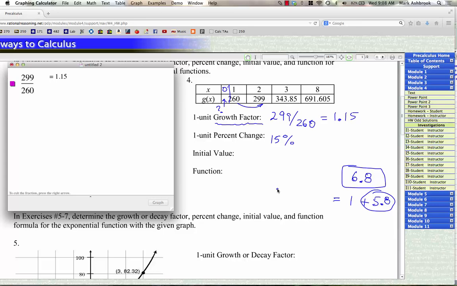One way is, if 260 times 1.15 advances me to the next output, dividing by 1.15 will take me back 1, and that's what I want. I want to go back 1. So you can do 260 divided by 1.15. $226.09.